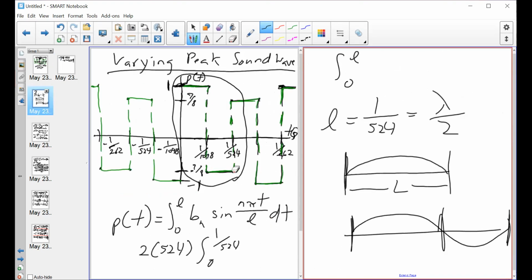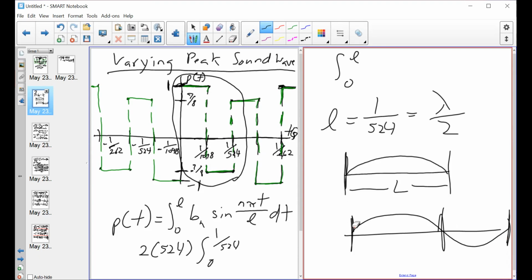Maximum, minimum. We're breaking up the integral of this sound wave into two pieces to make the whole 1 over 524. This particular part of the sound wave, you can imagine to be like a guitar string that has been plucked up for half of a wavelength. This is half, and this is a whole wavelength.